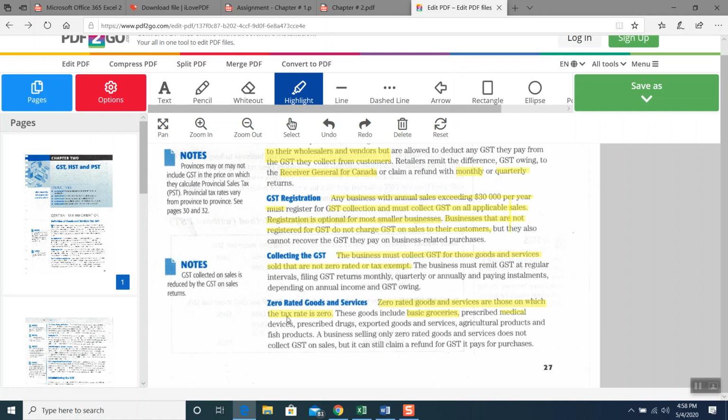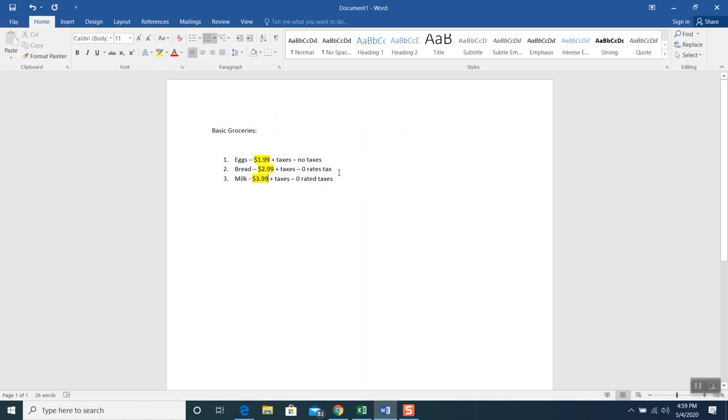Medical devices. So what are my medical devices? The heart and blood pressure checking equipment, the blood sugar checking device.